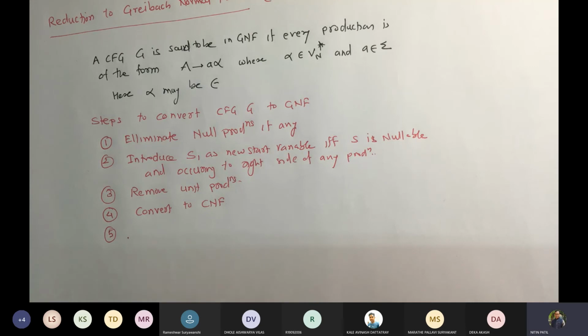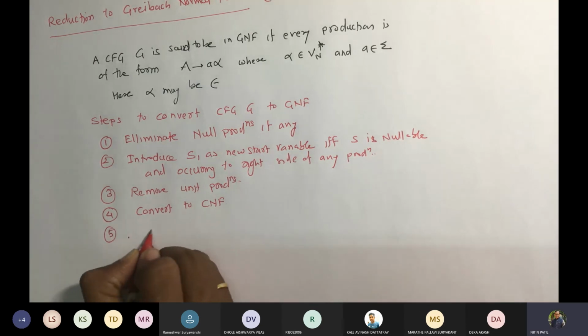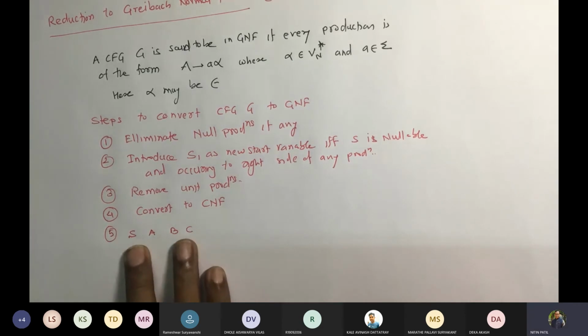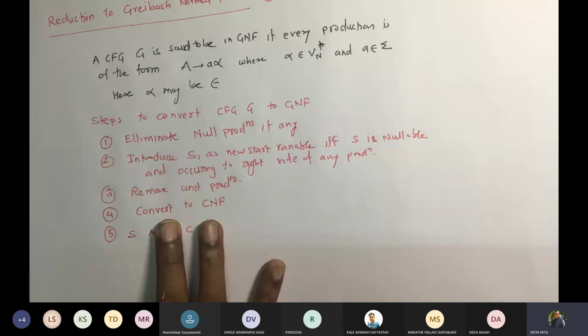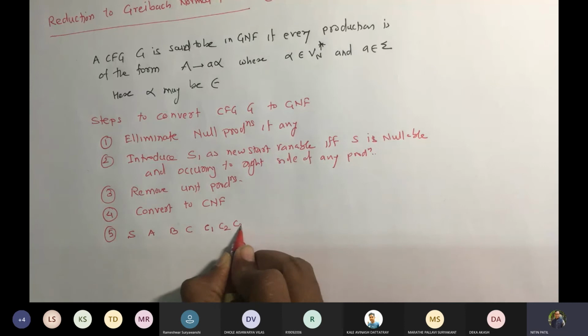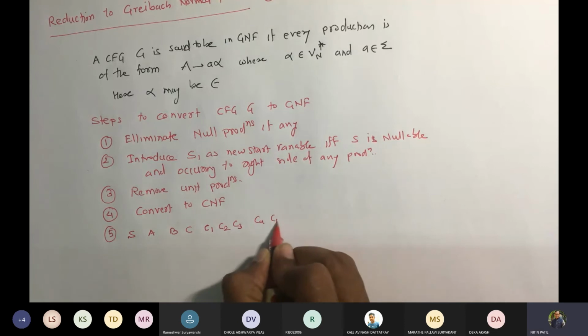Now, what is to be done? Suppose you have variables like A, B, C and S, and after conversion to CNF you also have C1, C2, C3, CA and CB.